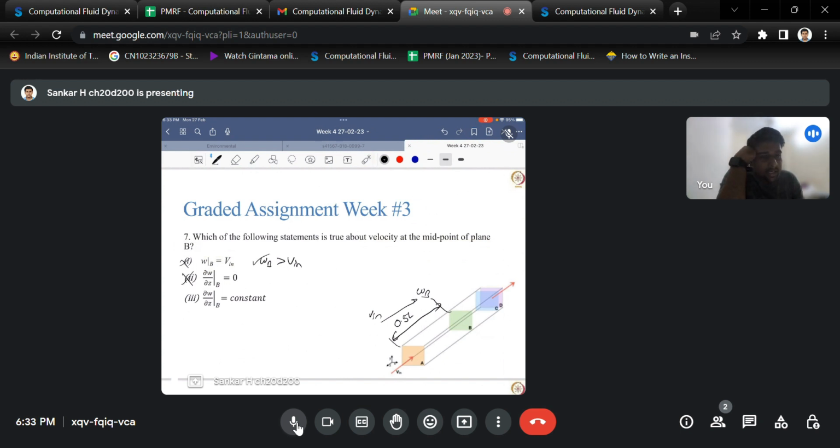And that gradient is not exactly a constant for the velocity. It changes in a non-linear manner. We initially get this boundary layer which turns slowly into the fully developed flow, and this is how the flow develops. So it's not a constant gradient in the z component of velocity, or the w, at plane B.